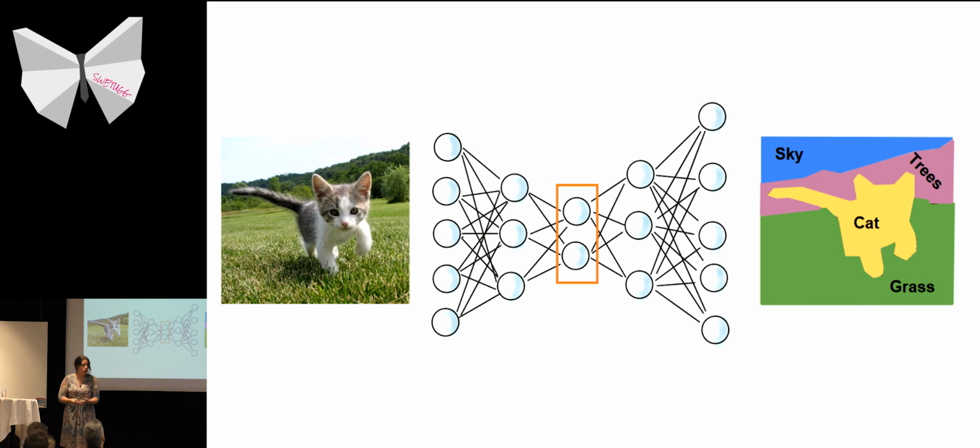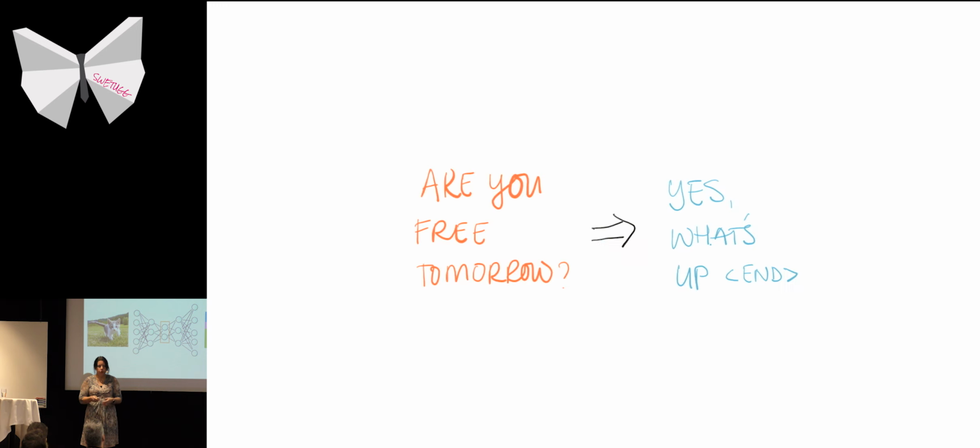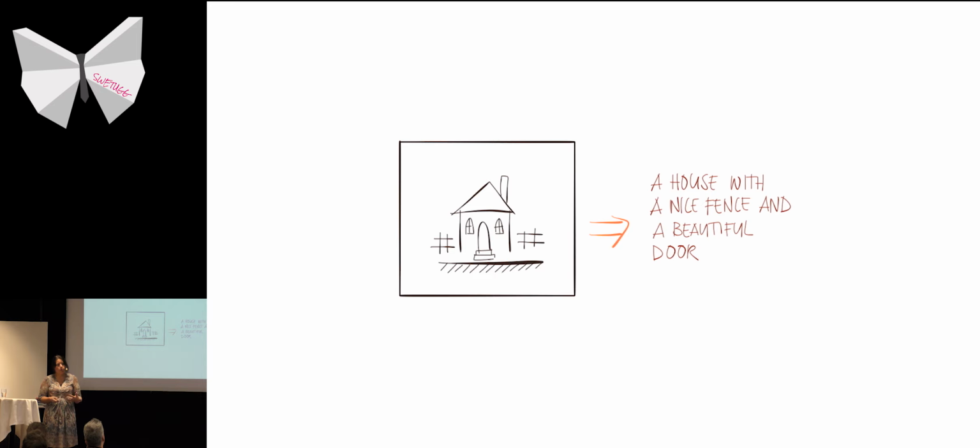We could create something that took a cat and then outputted a representation of the same cat, but in the style of Monet, for example. So we can have an encoder and a generator and combine them. One other way we could use an encoder and a decoder is to input an email and generate a response, or input an image and generate a caption.